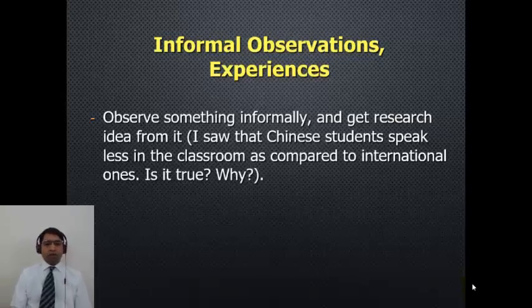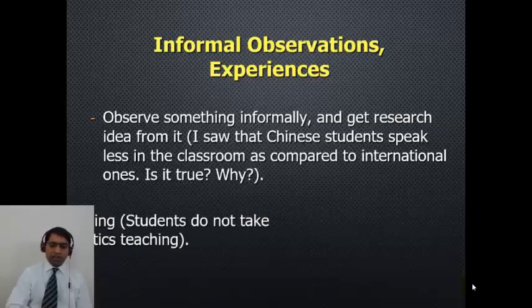But briefly, when I was in China, I saw that Chinese students speak very little in the classroom, whereas international students spoke a lot in the classroom. So that led me to some kind of research based on that tentative, very informal, very broad observation. How I converted that informal observation into a specific research question, we are going to talk about later.